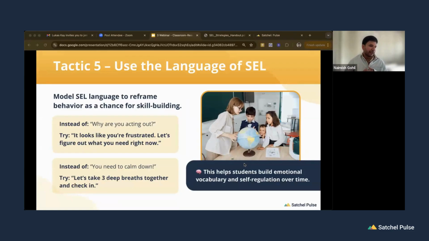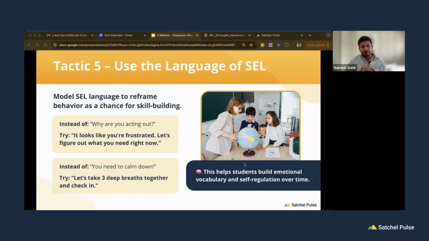Instead of saying, why are you acting out? Maybe you could try, it looks like you're frustrated. Let's figure out what you need right now. Another example could be, you need to calm down. Instead of saying that, you could try, let's take 3 deep breaths together and check in.